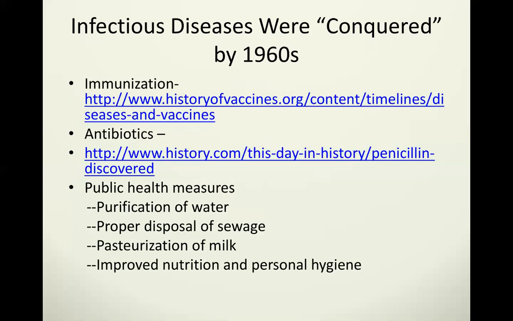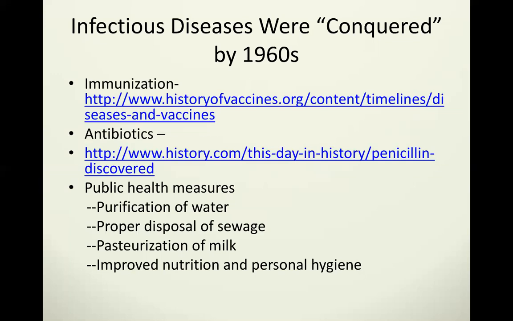So here are some big ones that were conquered by the 1960s. Immunizations were big. Think about this. Because of immunizations, we have eradicated polio in the United States. And if you click on this link, you can see the diseases that have been eradicated, completely taken off the face of our map of diseases because of vaccines.